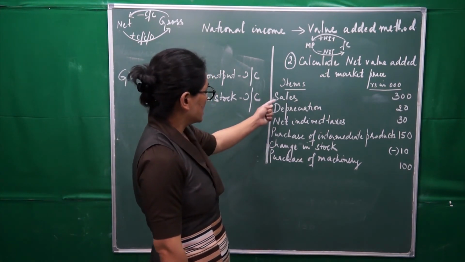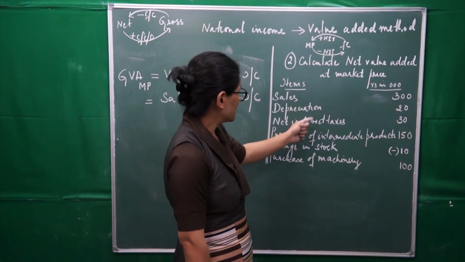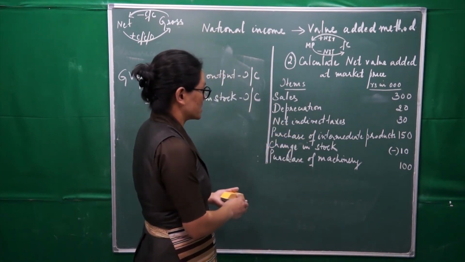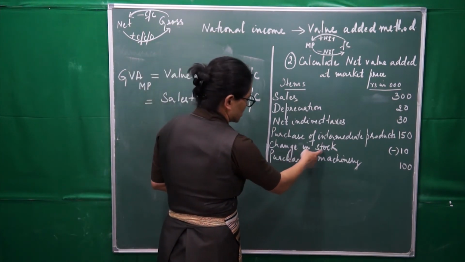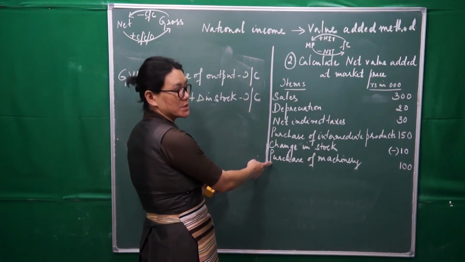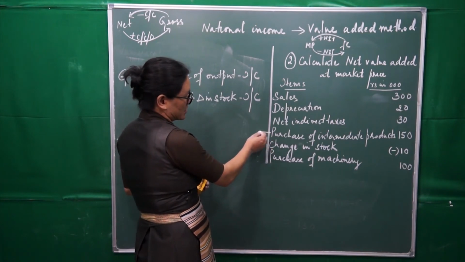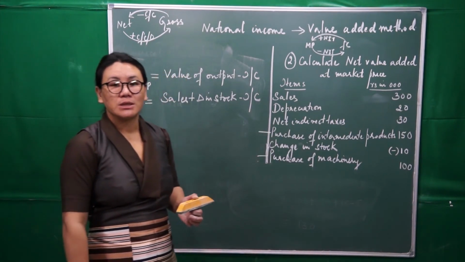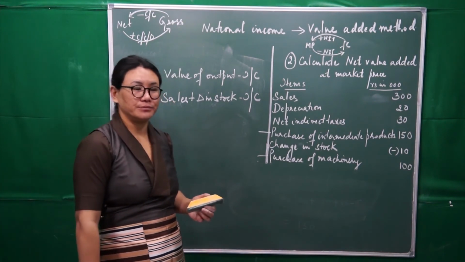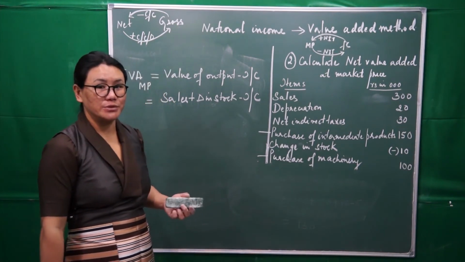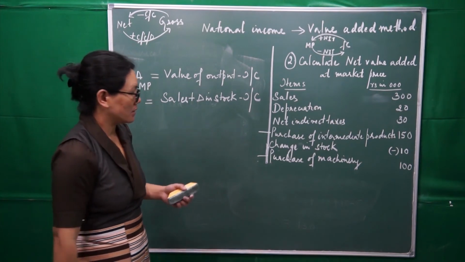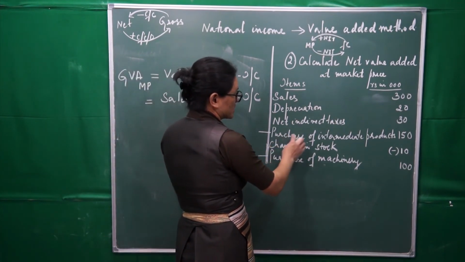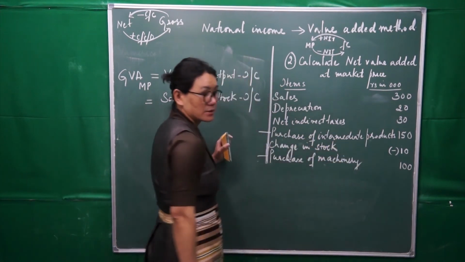See here, sales is given, depreciation is given, NIT is given, purchase of intermediate goods is given, change in stock is given, and again purchase is given. Remember double counting. Two purchases are given. One is purchase of machinery, another is purchase of intermediate products.